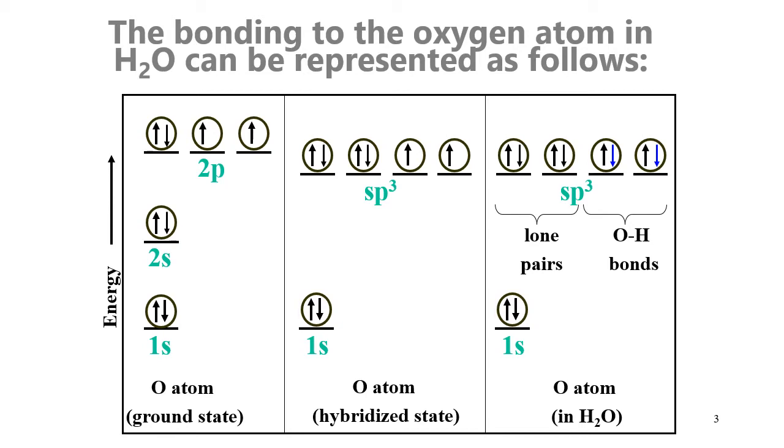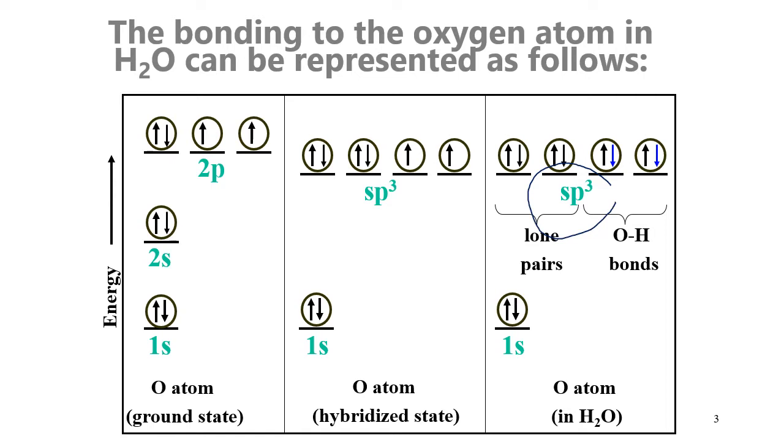Take an example of the bonding in water molecules, specifically the bonding to the oxygen atom. We know at ground state, oxygen has electron configuration of 1s2, 2s2, 2p4. Then the electron from 2s orbital gets excited to form hybridized state, sp3, as shown here.